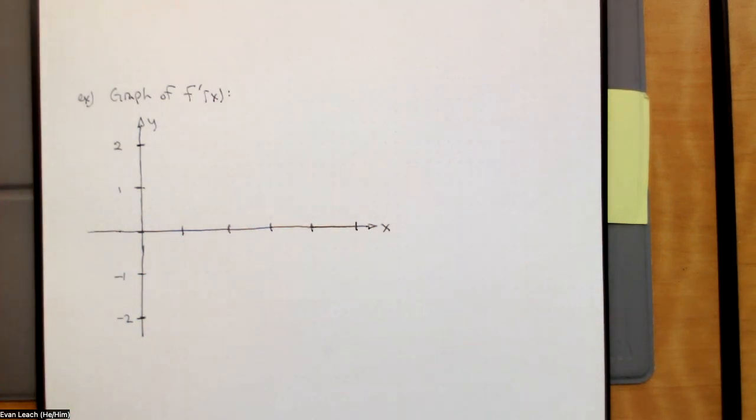I'm going to draw the graph of a function, and it's going to entirely consist of line segments. It's going to be a line segments graph.